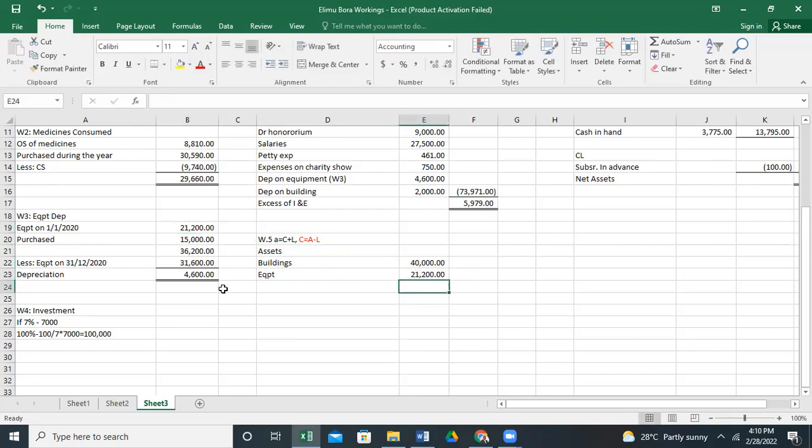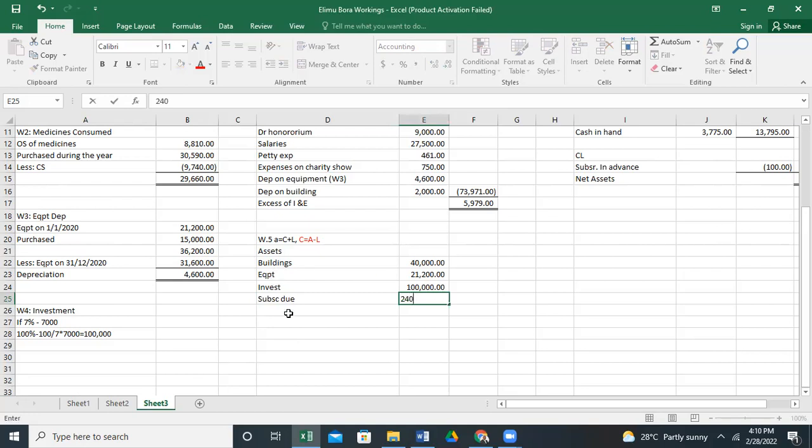Then we have the investment. The owners were tying 100,000. And remember that figure pretty well. Then we have the subscription due, which is a current asset. Our subscription due is 240.